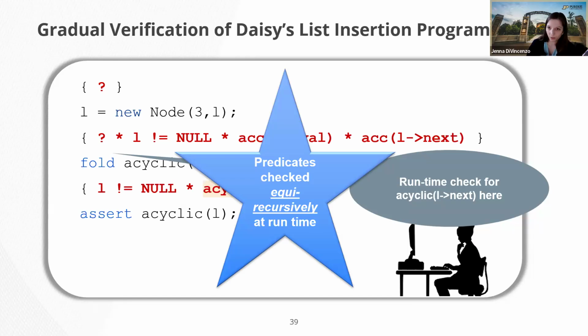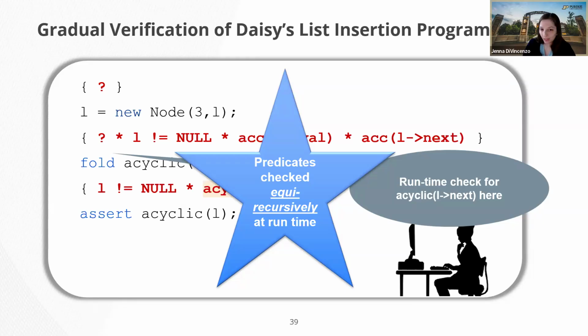So our gradual verification system has to combine and work consistently with an isorecursive interpretation on the static side and the different interpretation we have on the runtime side, which is equirecursive. So that was a fun little challenge of dealing with predicates in a gradual setting.